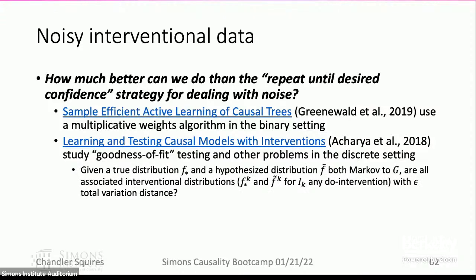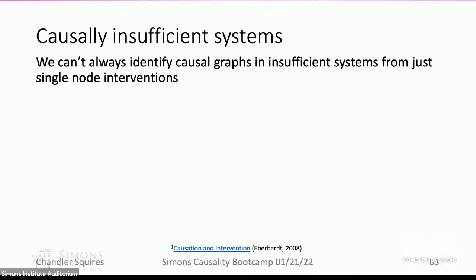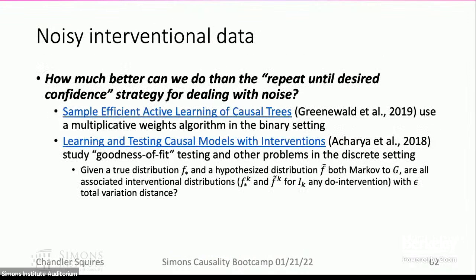So I have that written out here, a bit more of the formalization of that. I'll pause on this slide, and if anybody wants to ask questions about dealing with noisy data and interventions.